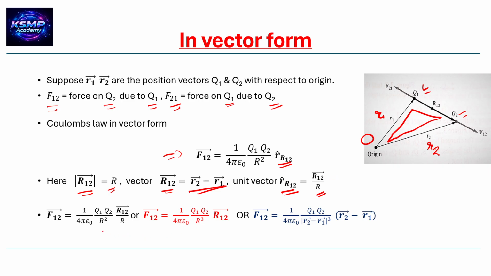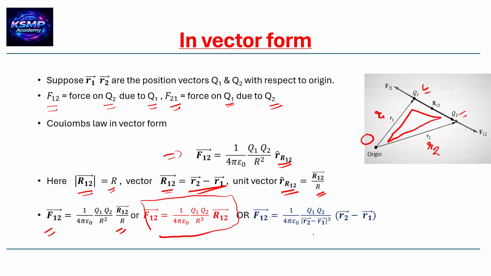So in vector form, for the expression F12, substitute the value of unit vector R here. So this will result into this relation, that is 1 by 4 pi epsilon naught Q1 Q2 upon R cube R12, where R12 is a vector and direction is as per the diagram, as we can see.